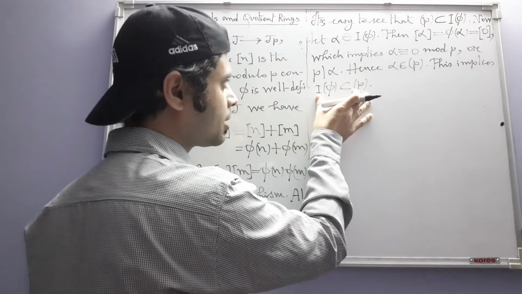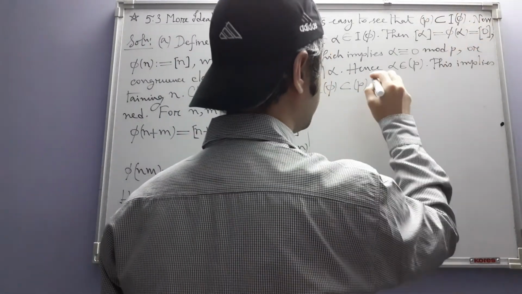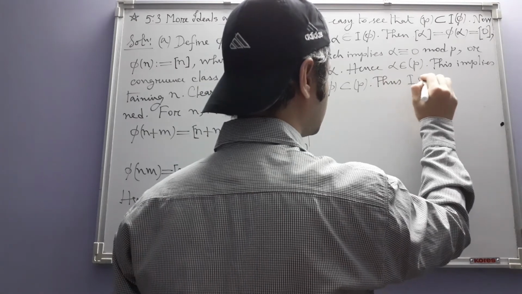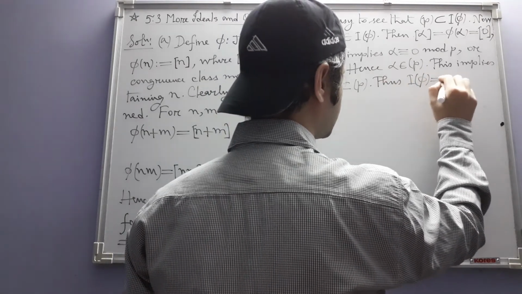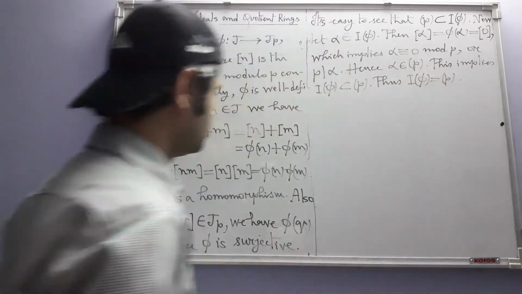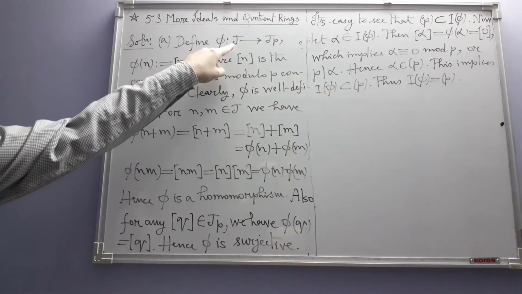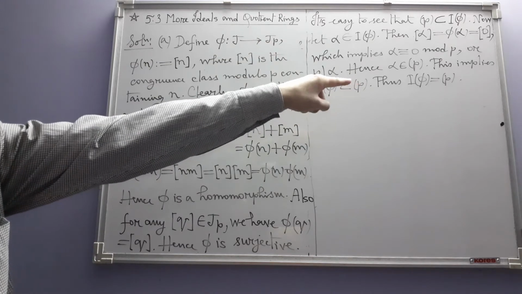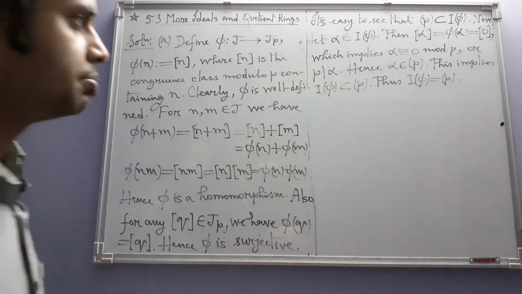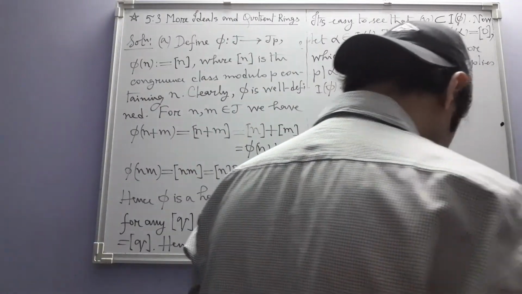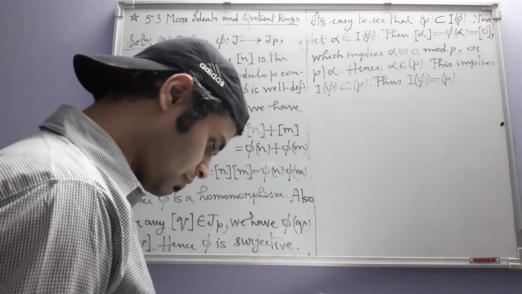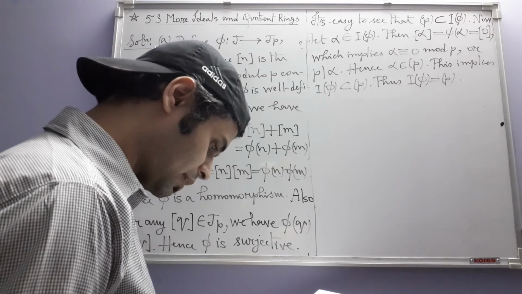So we can now combine this one and this one. Thus the kernel of phi is nothing but this. So we now have a homomorphism from J onto J_p with kernel generated by p. So we can use the isomorphism theorem, and I have to refer to it properly. What is that theorem number?